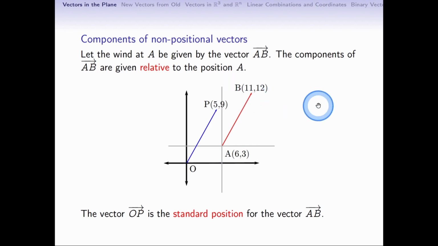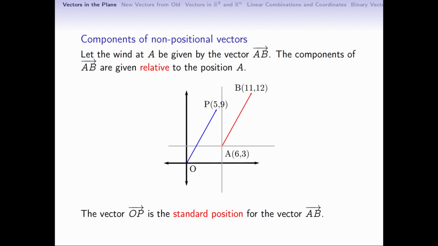When we talk about the components of the vector AB, we're always measuring this relative to the position A. So relative to A, the components of this vector are going to be 5 to the right and 9 up. So we would say the components of the vector AB are 5, 9.